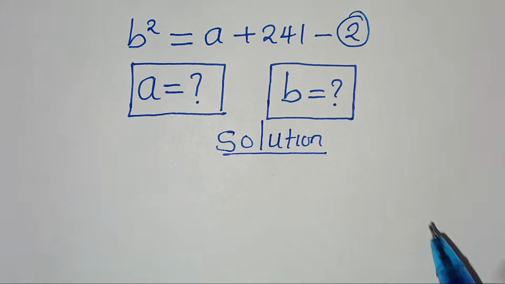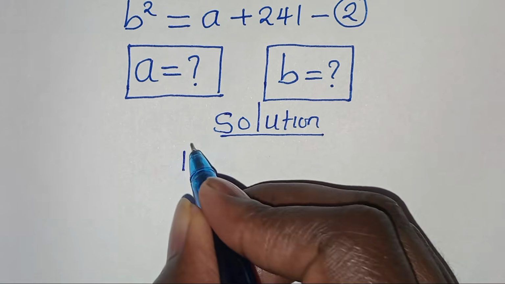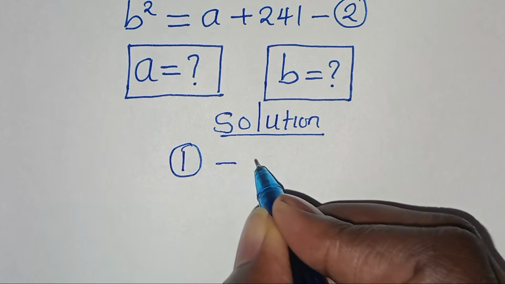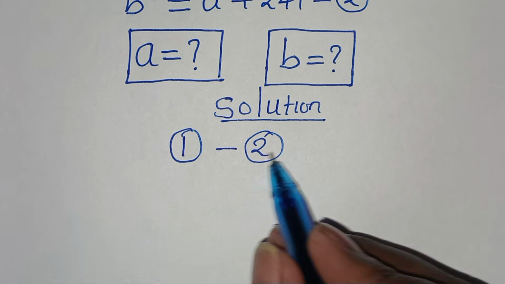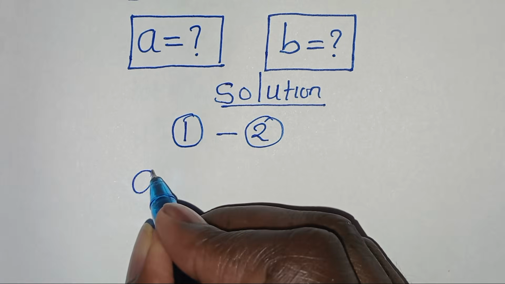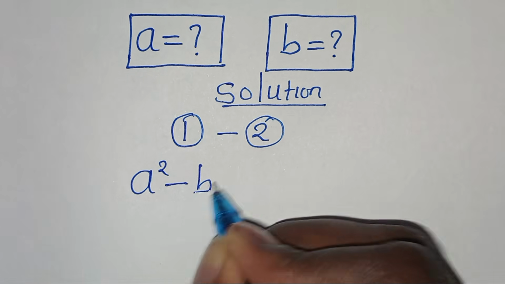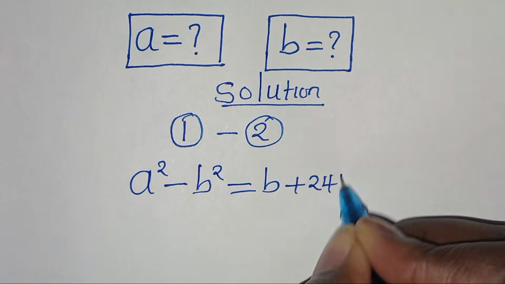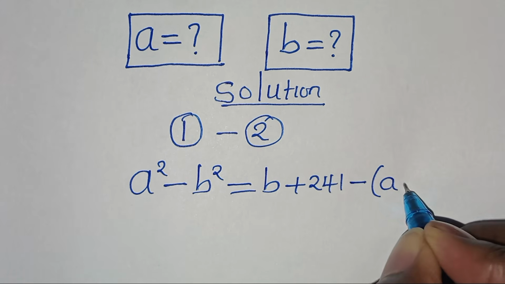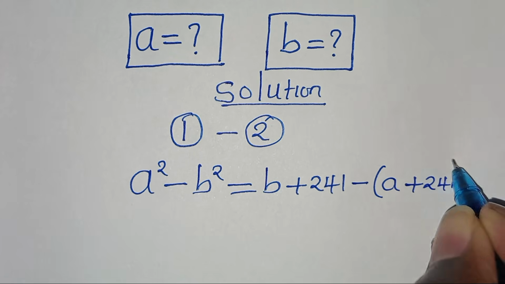Now the first step to do here is to subtract equation 2 from equation 1. So we have a squared minus b squared, this is equal to b plus 241 subtract a plus 241.